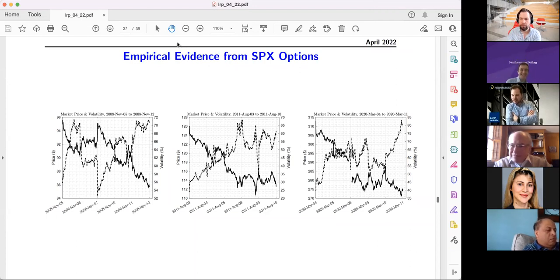There's a last comment or question regarding what you could do with individual stocks. I guess the panel of options is a bit less rich, so we just have to wait for a few years. But actually there is a lot of trading now in individual name options, so I think it's not that hopeless.